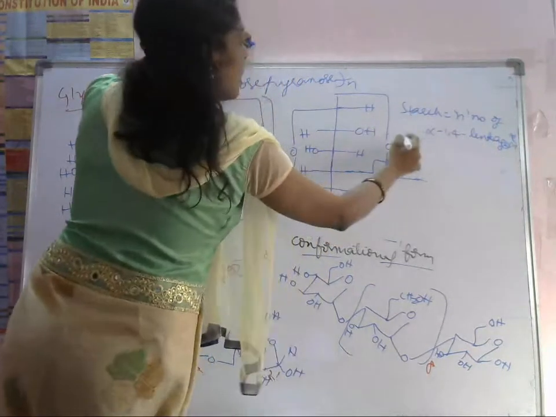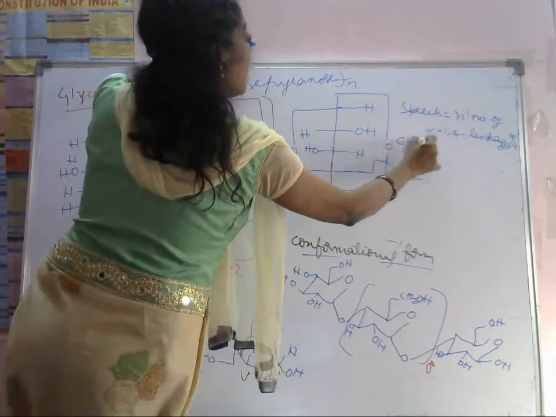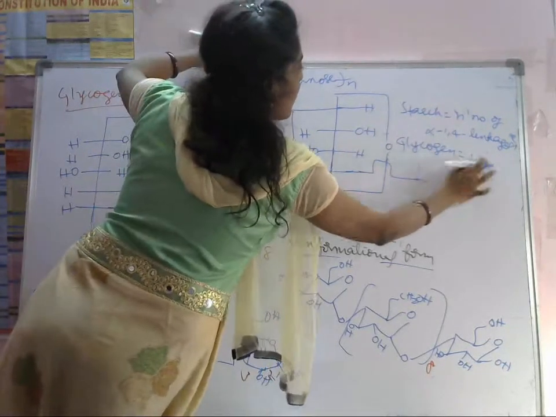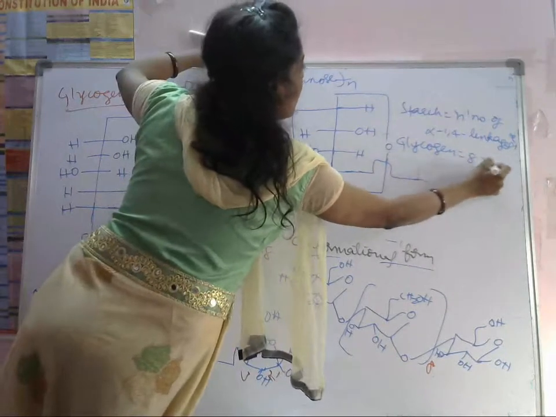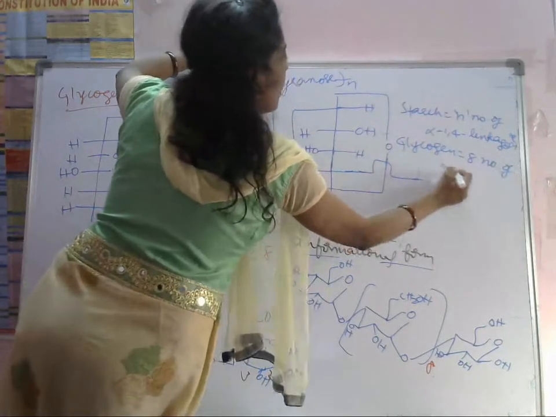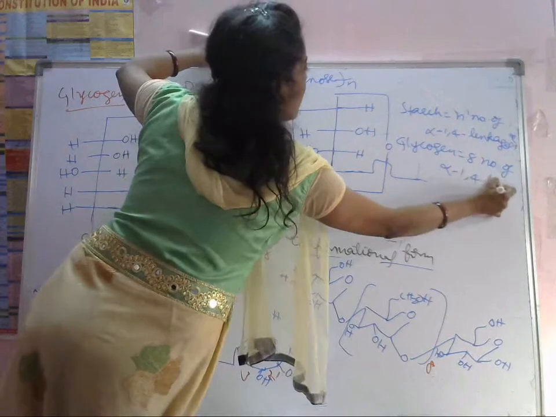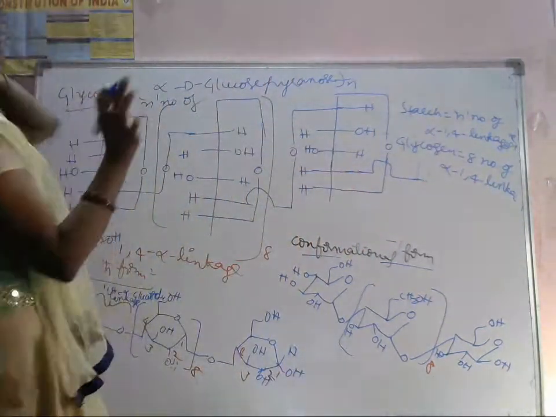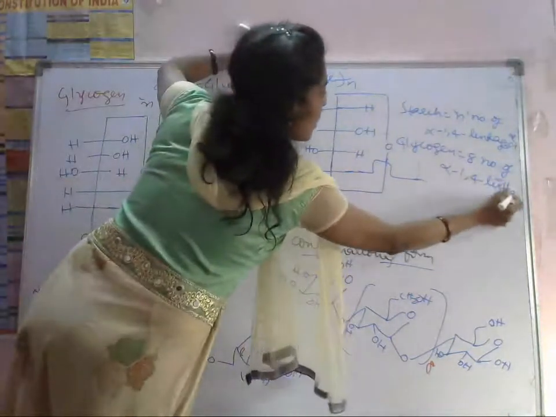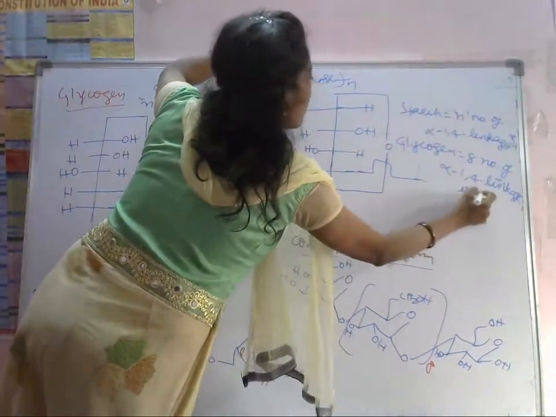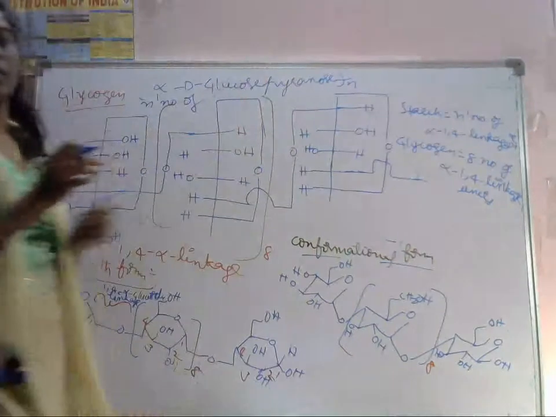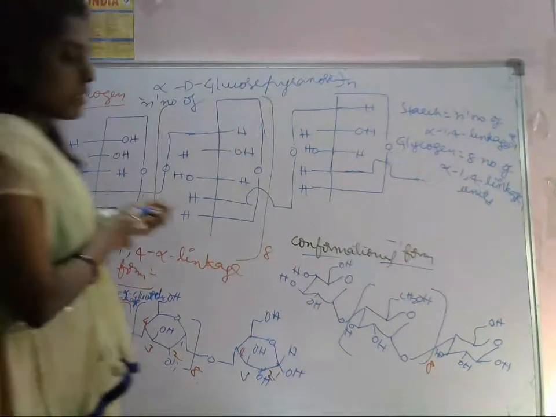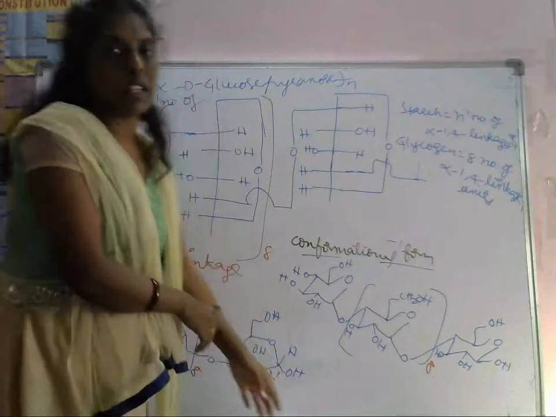But in glycogen it is having 8 alpha 1,4 linkage units. So that is the difference between glycogen and starch.